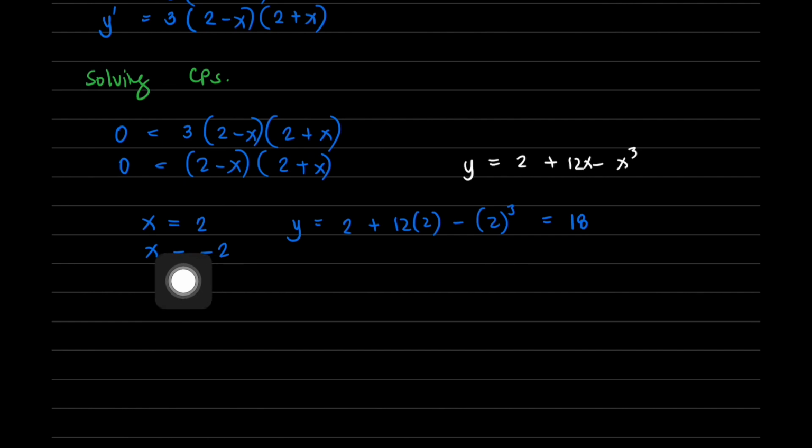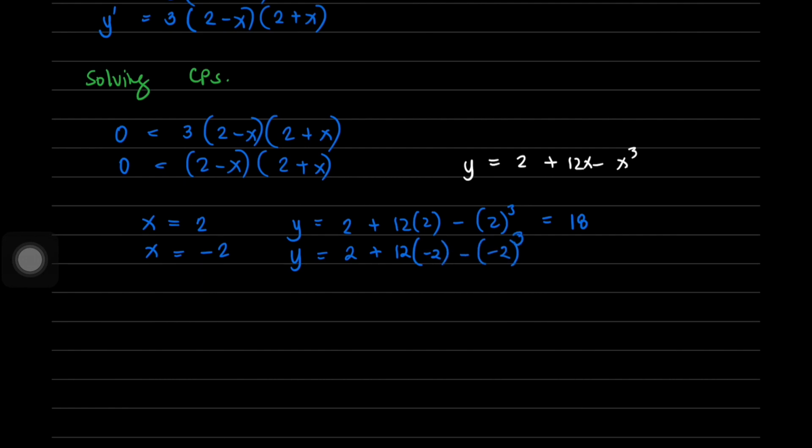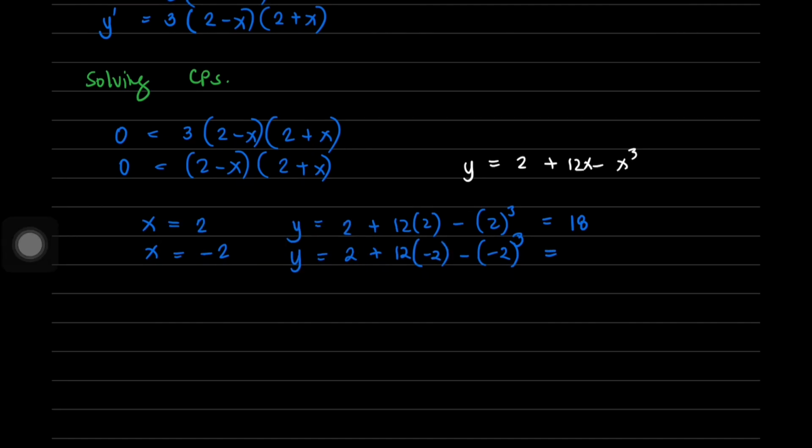And if x is equal to negative 2, y is equal to 2 plus 12 multiplied by negative 2 minus negative 2 raised to 3. So this is 2 plus 12 times negative 2, which is negative 24, giving us negative 22. Minus negative 8 gives us positive 8, so negative 22 plus 8 gives us negative 14.